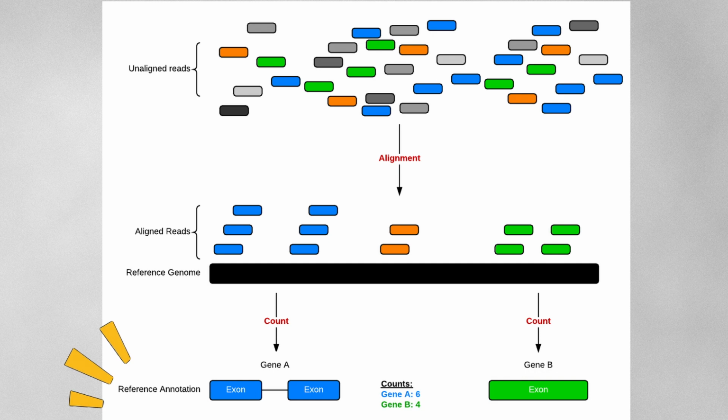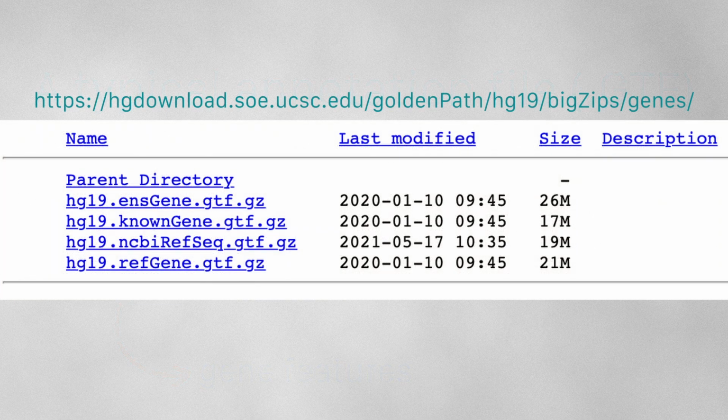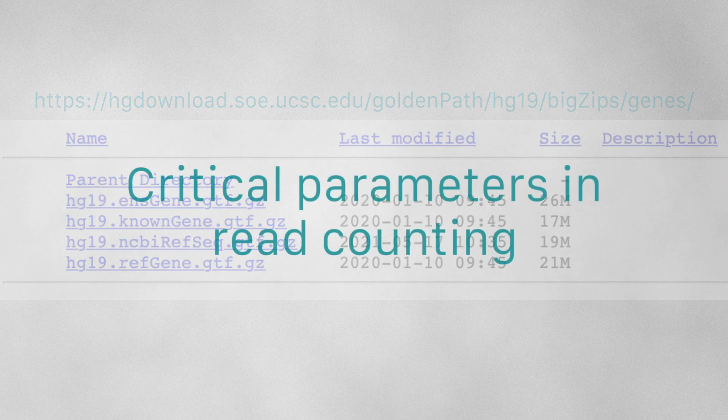This map in bioinformatics is usually termed the annotation file, which usually exists as either a .gtf file or a .gff file. And you can download these files in known genome repositories such as NCBI or UCSC.